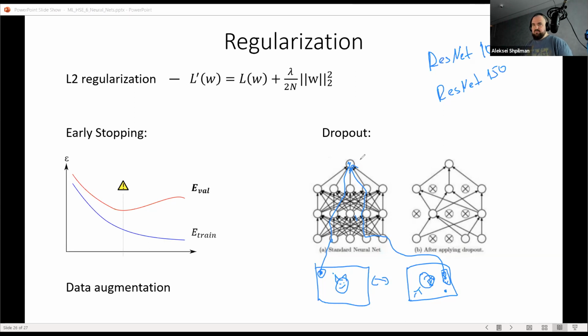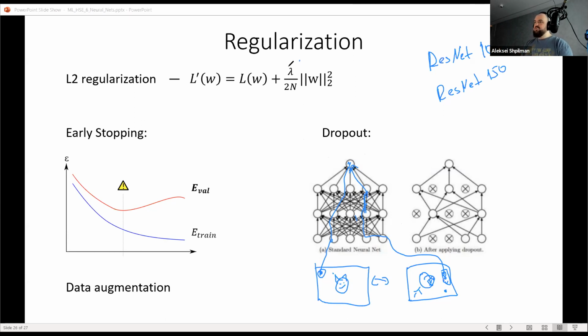So how do we fight it? Well, the first approach is L2 regularization. It's familiar to us. We have a problem with big weights in our neural network, because this is only possible if these single weights are high enough. So if we have a problem with those big weights, let's just not have big weights.